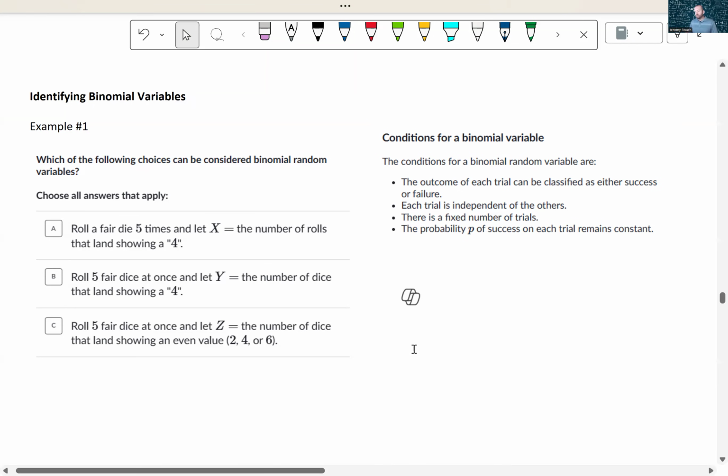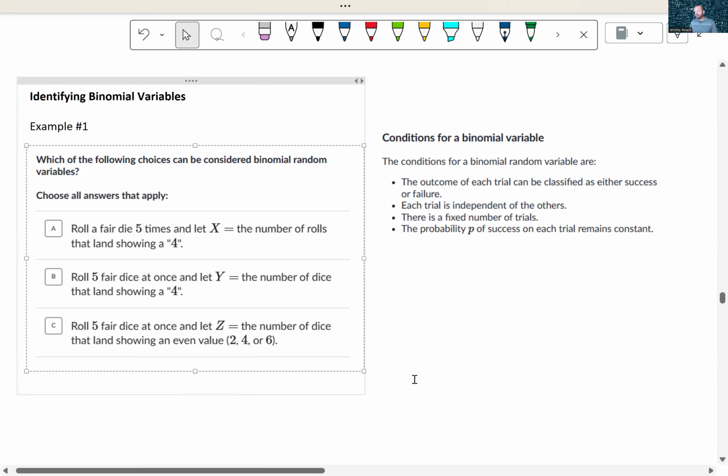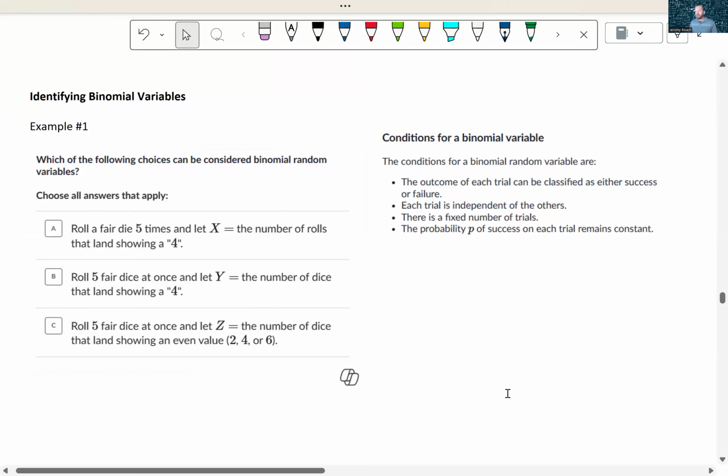And that's been sort of a recurring theme in these lessons, that we're mostly talking about trials that are independent. There also needs to be a fixed number of trials. And then finally, the probability of success has to remain constant.